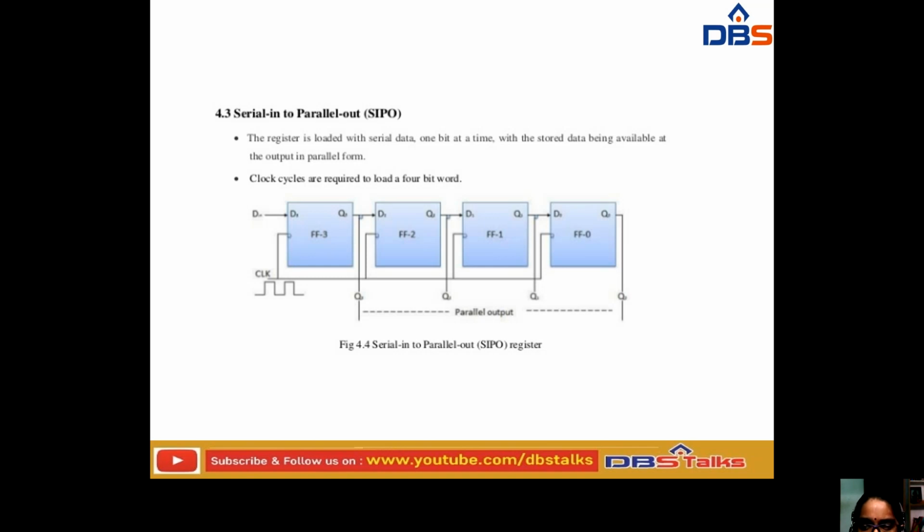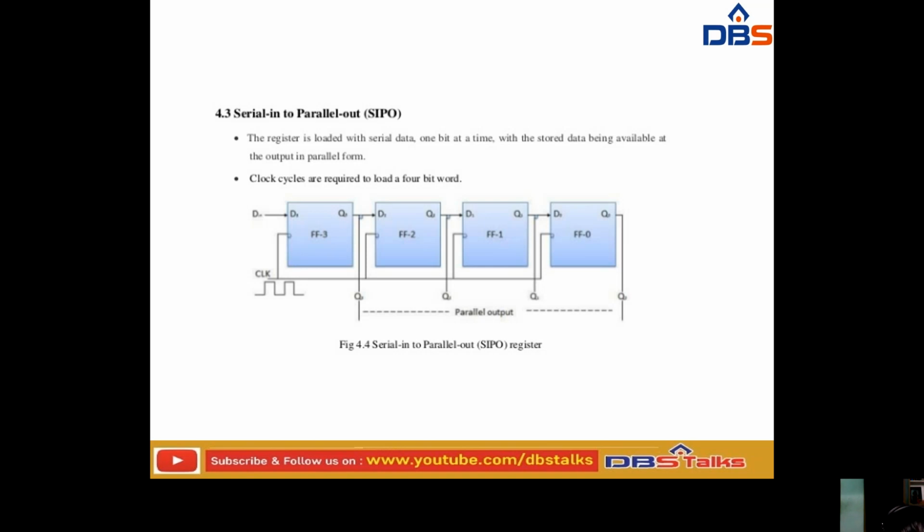So if you consider the clock cycles for flip flop 0, flip flop 1, flip flop 2 and flip flop 3, the register is going to load with the serial data.